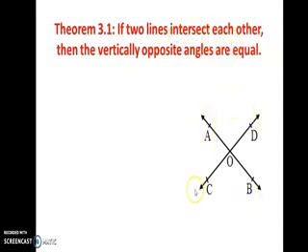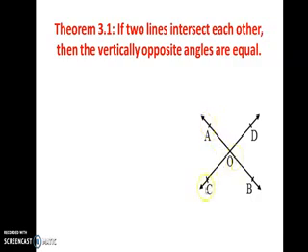So, let AB and CD be the two intersecting lines. They intersect at the point O here, as shown. So they lead to two pairs of vertically opposite angles, isn't it? Can you name them?